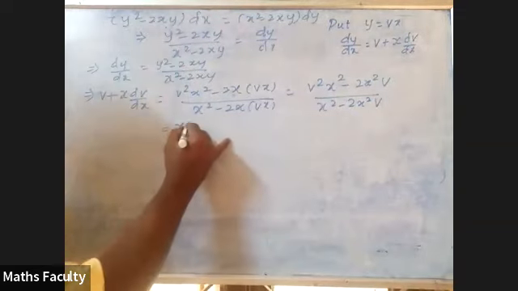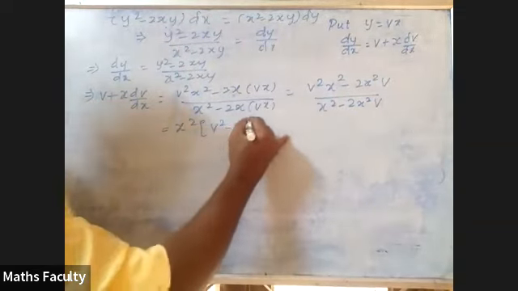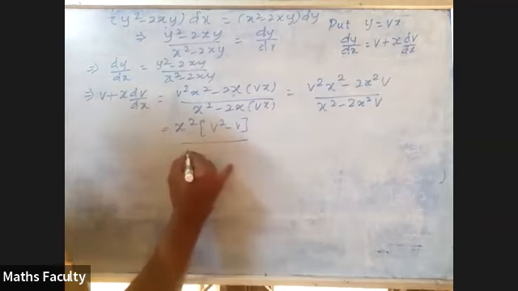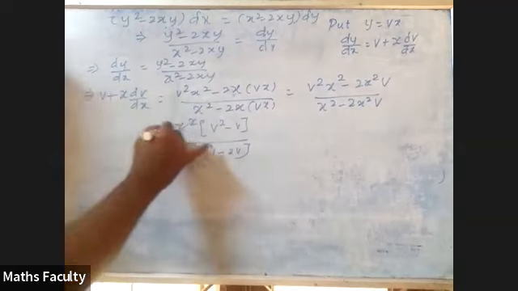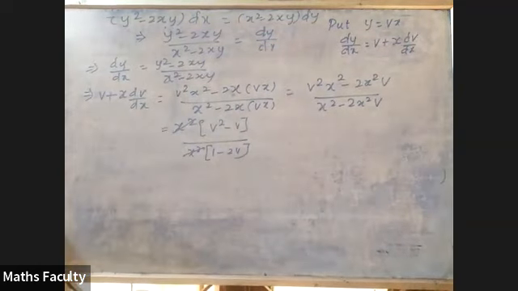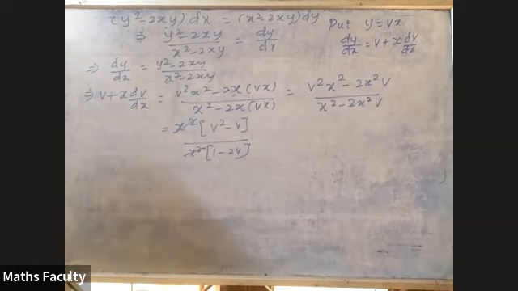Let us take x squared common in the numerator, we have v squared minus v. Let us take x squared common in the denominator, we have 1 minus 2v. x squared gets cancelled, isn't it? We have the answer v squared minus v divided by 1 minus 2v.